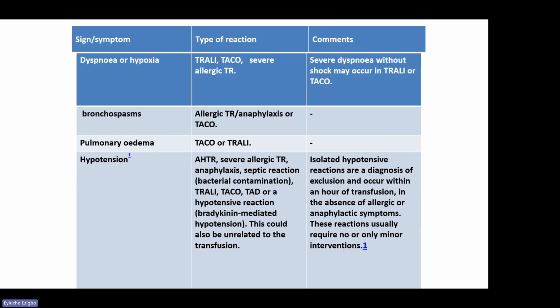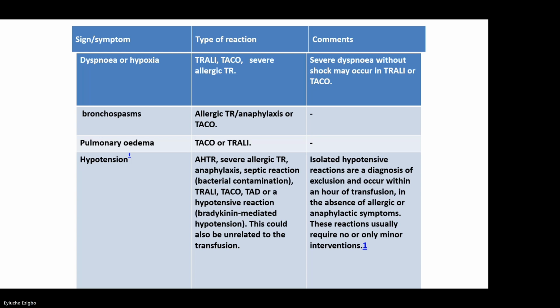Also dyspnea or hypoxia, we can see in TACO and severe allergic transfusion reaction. Bronchospasm, we can find in allergic transfusion reactions or TACO. Pulmonary edema too. These are the signs and symptoms of acute transfusion reactions, and the specific reactions where we can see them.